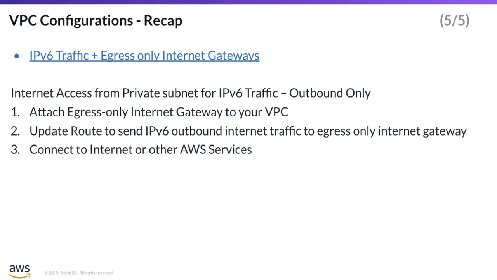For IPv6 traffic, we could establish an egress-only internet gateway, which basically means that your instance in the private subnet can only talk to instances or services outside the VPC network, which would be part of the internet, but the internet cannot access these instances directly.